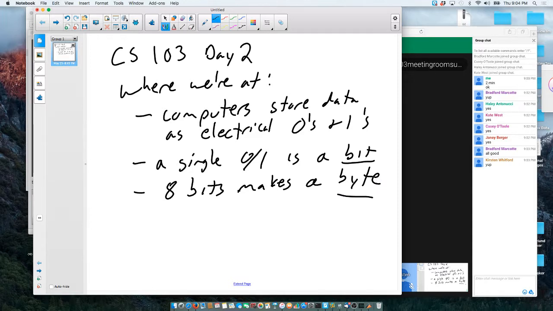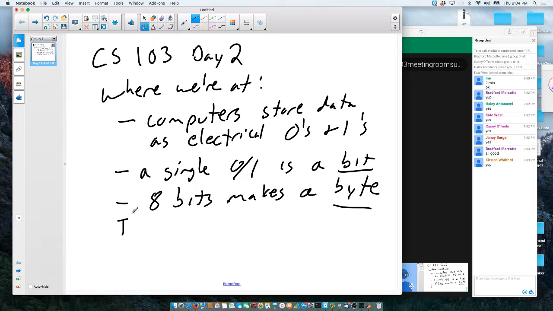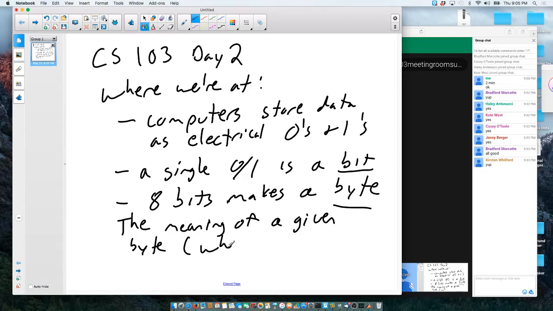And so the way to get, well, I shouldn't say the way, I should say the meaning of a given byte, what the zeros and ones mean, depends on the context.